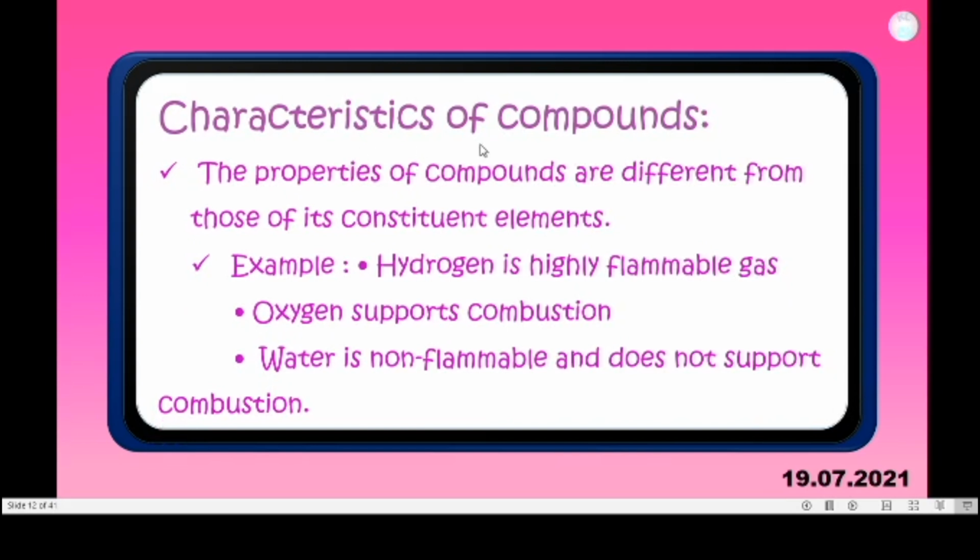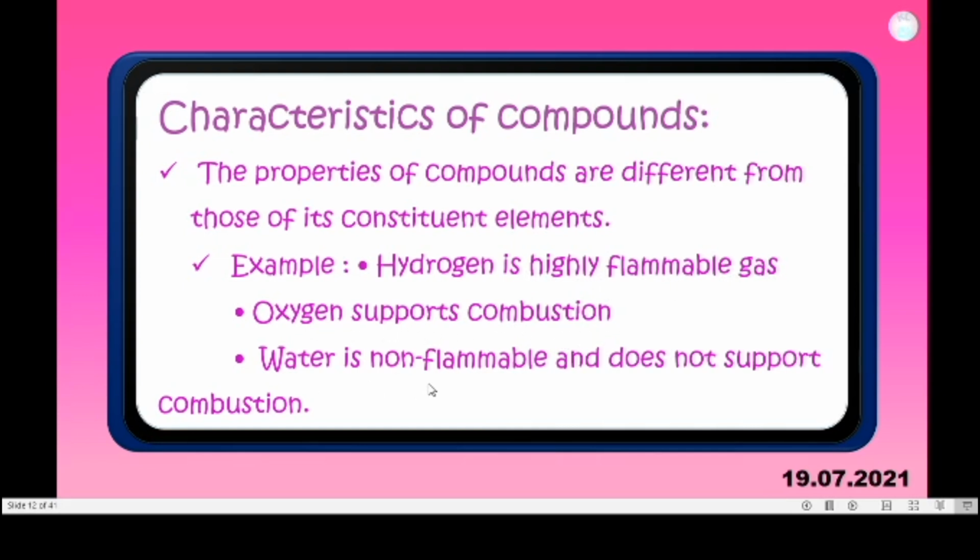So what are the characteristics of compounds? The properties of compounds are different from those of their constituent elements. For example, hydrogen is a highly flammable gas, and oxygen supports combustion. Hydrogen is highly flammable. Oxygen is not flammable, but it supports combustion.